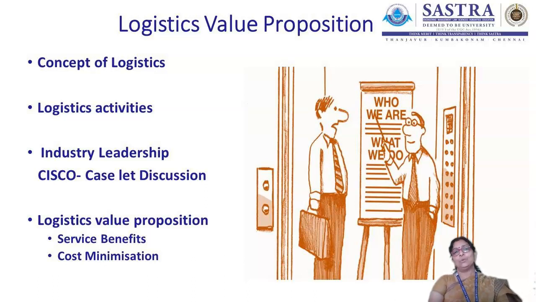We are also going to look at the supply chain synchronization with the logistics. So these are all the overall content for the next 3 weeks, what we are going to discuss under our second unit, logistics value proposition.